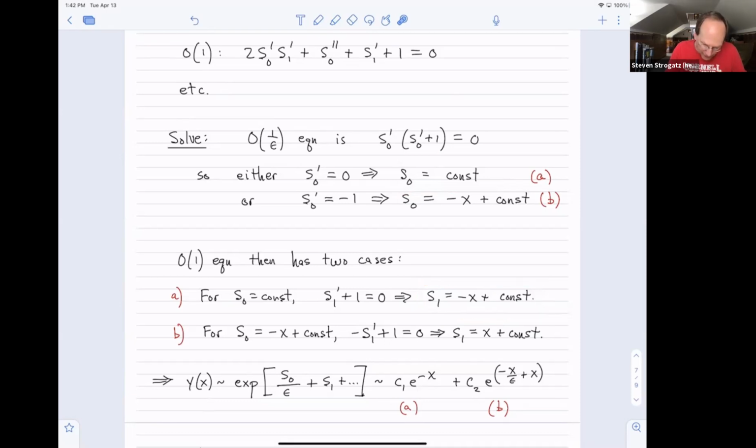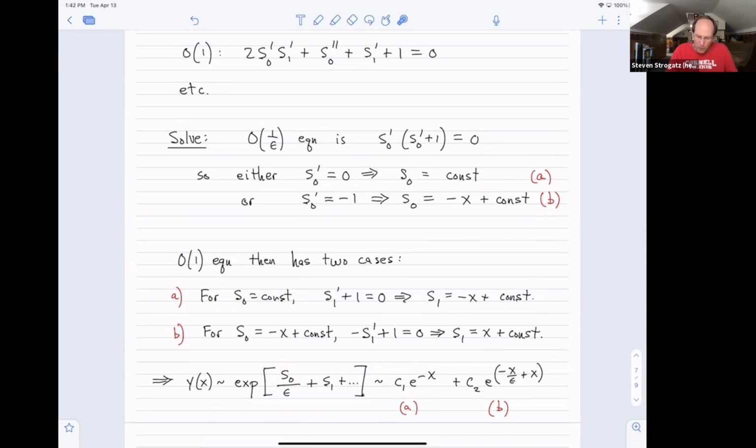So when I put that stuff in here for S0 and S1, keeping in mind that e to a constant makes a multiplicative constant for the whole expression. That's where this C1 is coming from. You might wonder, why did I not write C1 earlier? Why am I just saying const?